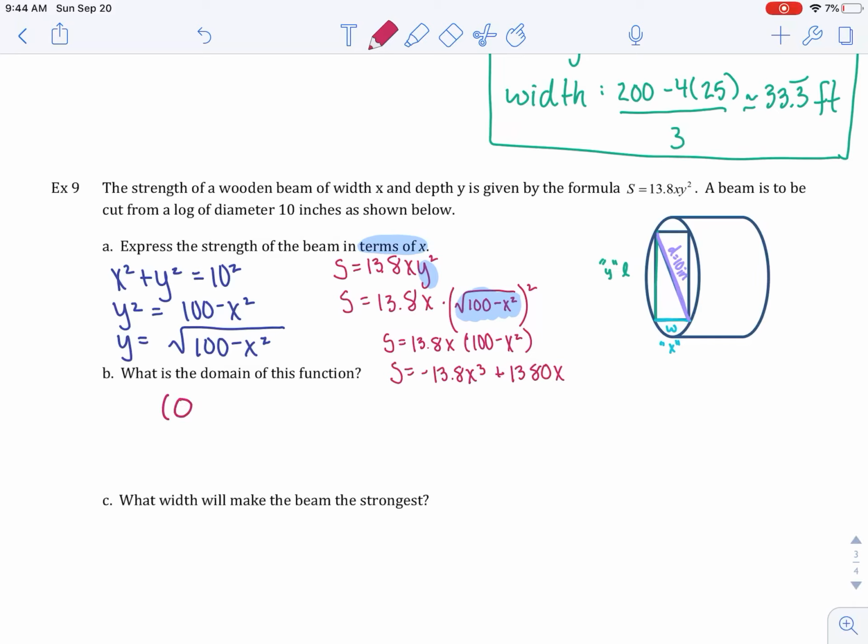It cannot be 0, or this beam is going to completely fall over. And it cannot be more than 10, because that is the hypotenuse, and we know that the hypotenuse has to be the longest side, and that's why we're putting it in parentheses, because we are not including that 10. Okay, so this is the x in width, which cannot be greater than the hypotenuse. So those are my x values.